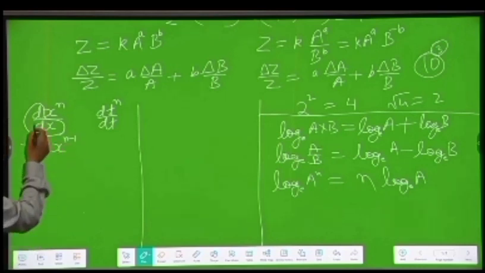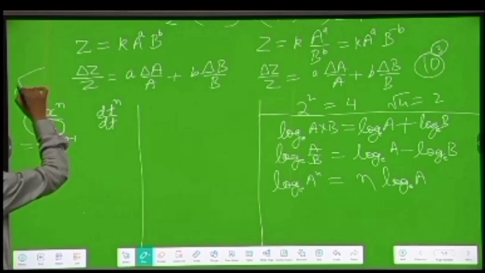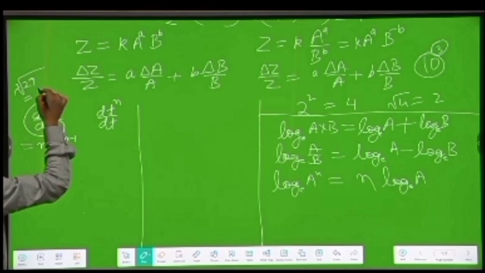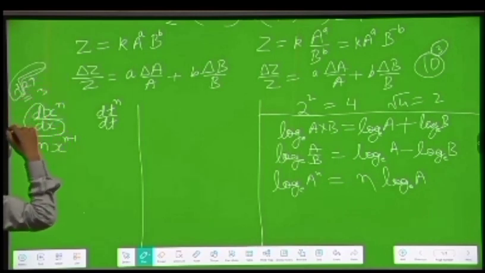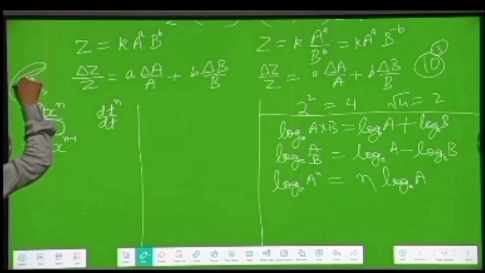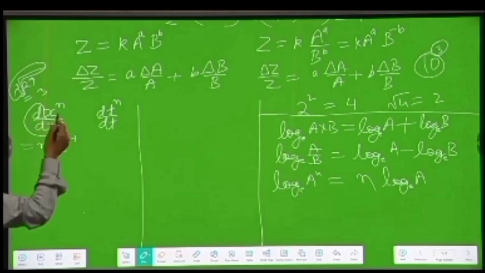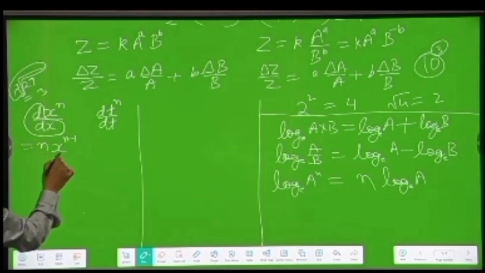And now don't ask me where this d by dx has gone. Like the cube root of 27 gives the answer 3, so where has that cube root sign gone? In the same way, this d by dx is an operator which has been operated on x to the power n, and it gave the answer n x to the power n minus 1.